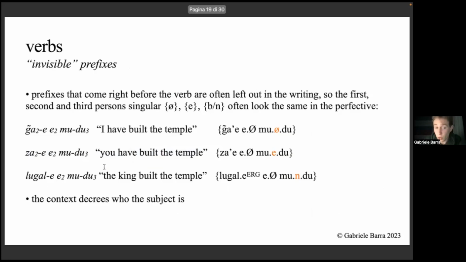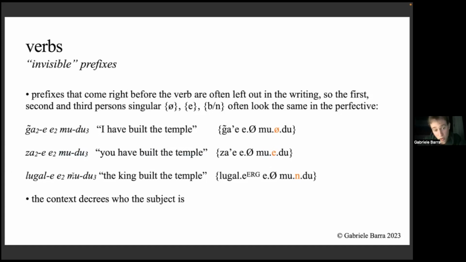Well, we can't be sure, but probably the e gets sucked into the final vowel of the preceding element, so into the u. So it should be there, but we don't have it in the writing. Yet another reason to distinguish between how Sumerian is written and how it is pronounced.